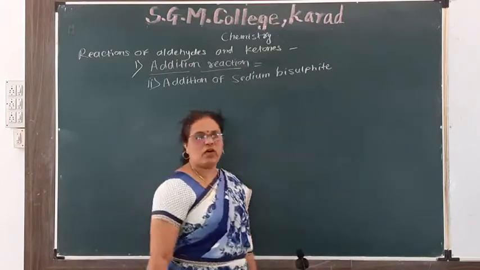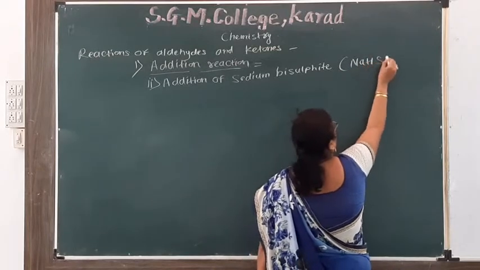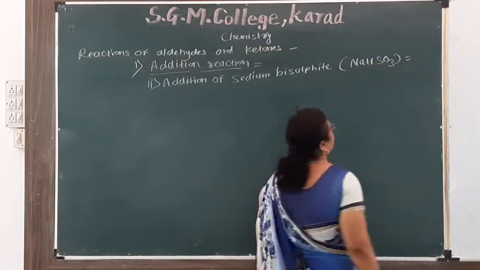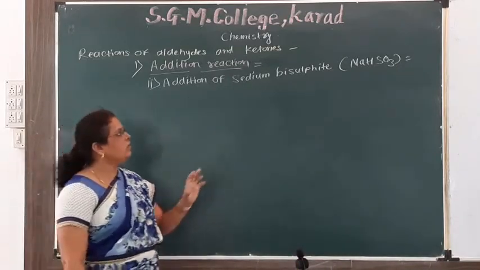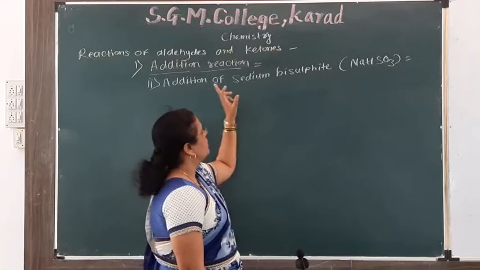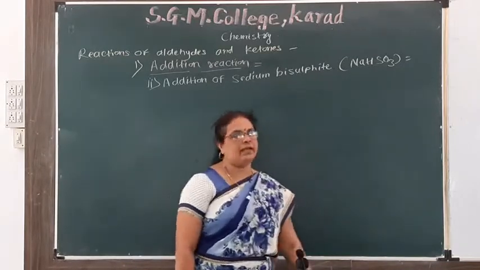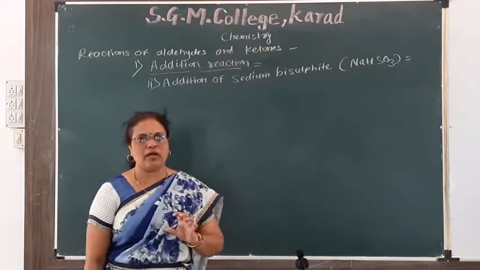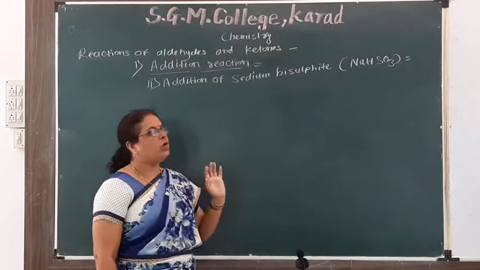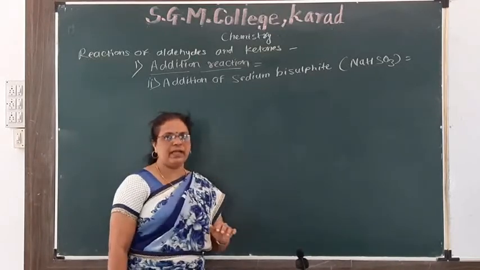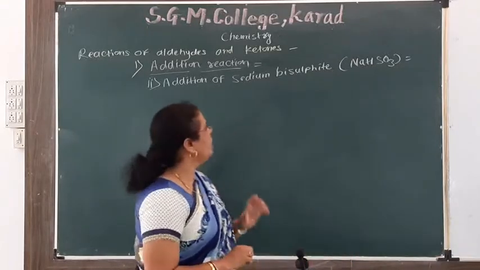Sodium bisulfite formula is NaHSO3. In this case, when aldehyde and ketone are treated with a saturated aqueous solution of sodium bisulfite, they give an addition product, that is aldehyde sodium bisulfite or ketone sodium bisulfite, also known as the bisulfite compound of aldehyde and ketone.